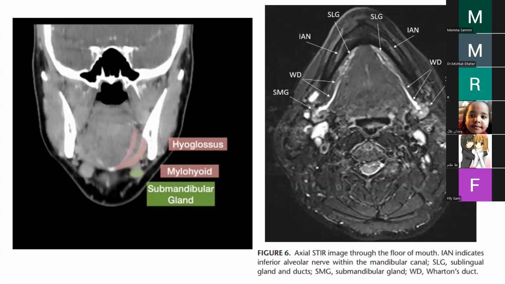The duct pierces the undersurface of the mylohyoid to open into the mouth beneath the tongue. So a floor of mouth or tongue root tumor can obstruct them and cause visible duct dilatation. The sublingual glands sit more anteriorly against the inner mandible, within the sublingual space, which we are about to explore.